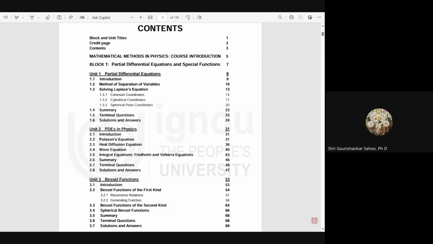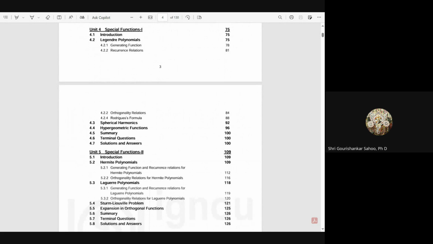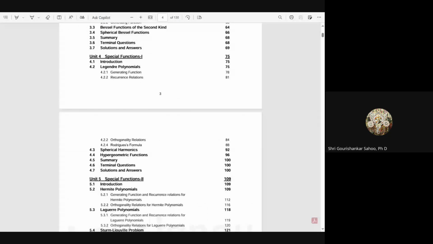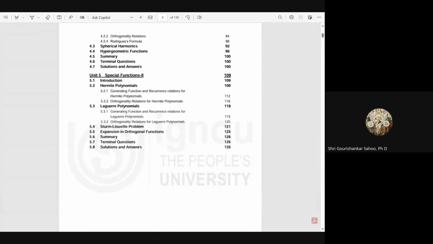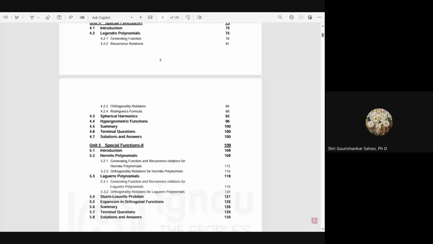These are Bessel's function, spherical Bessel's function, Hermite function, Laguerre, Bessel function of the first kind, and Sturm-Liouville problem and other things will be discussed in the course of discussion.